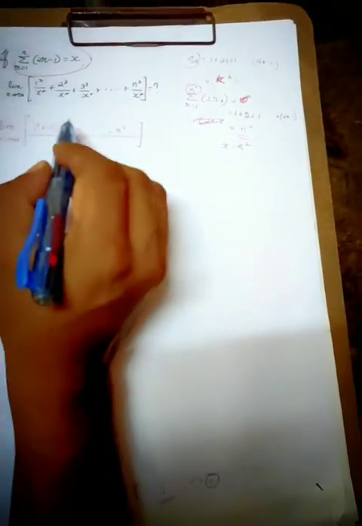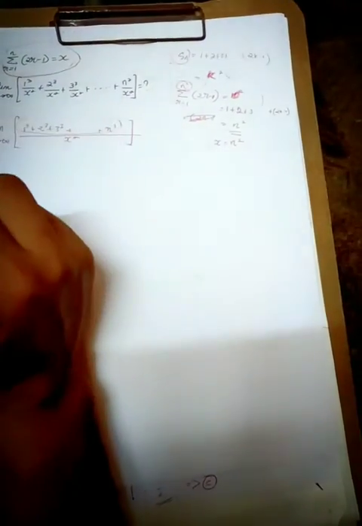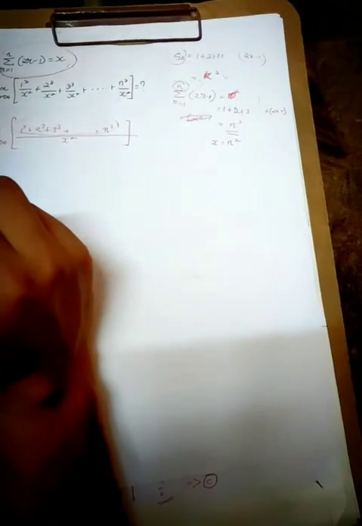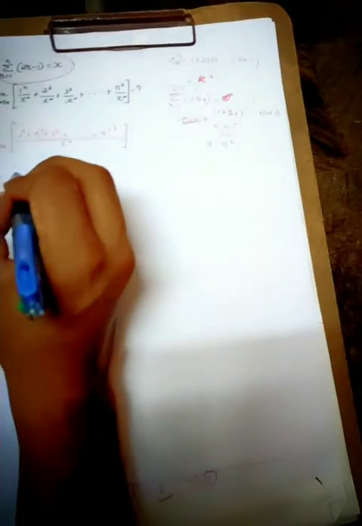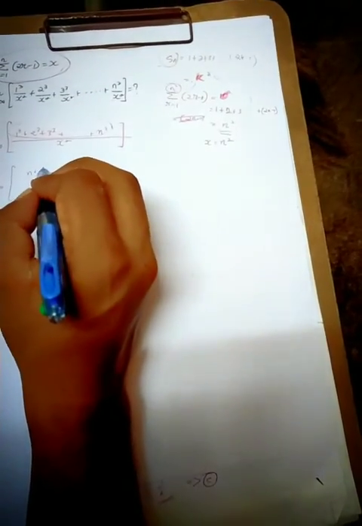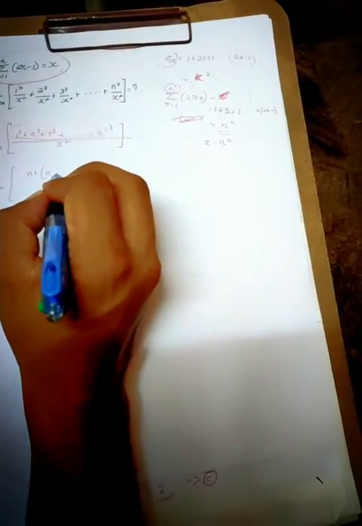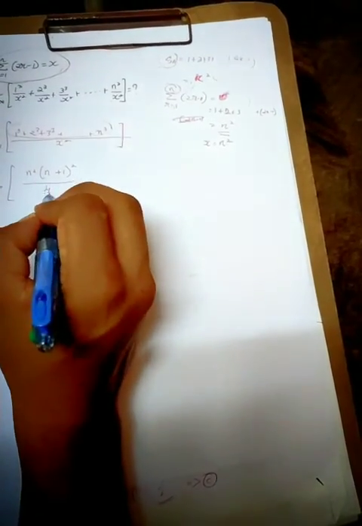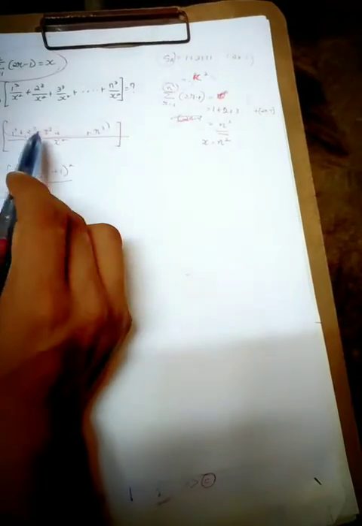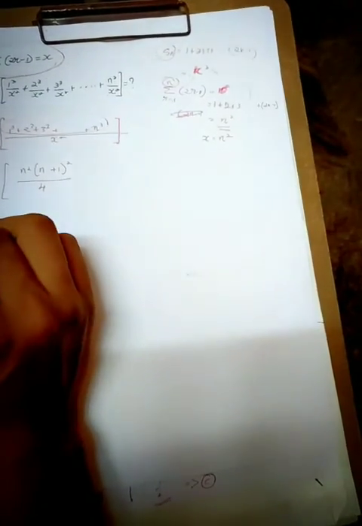You have seen the numerator before. The summation of cubes of natural numbers till n is simply n square into n plus 1 the whole square divided by 4. This is the formula for the sum of cubes of natural numbers.